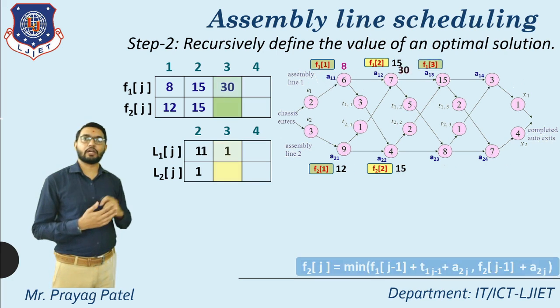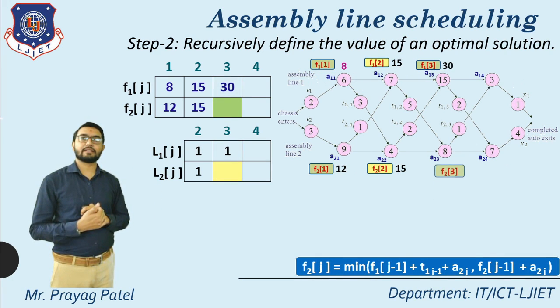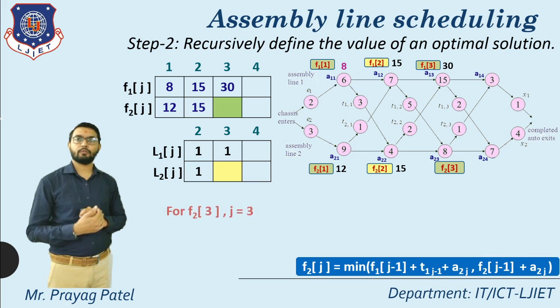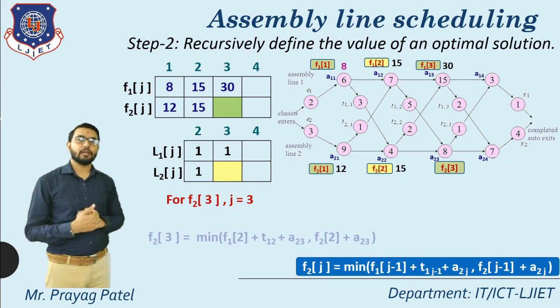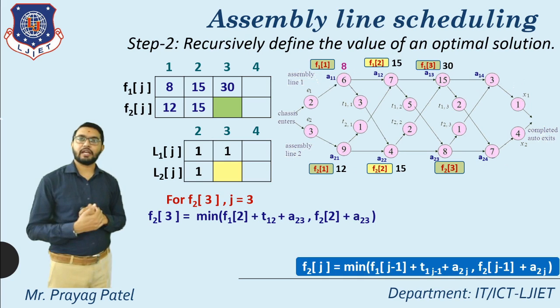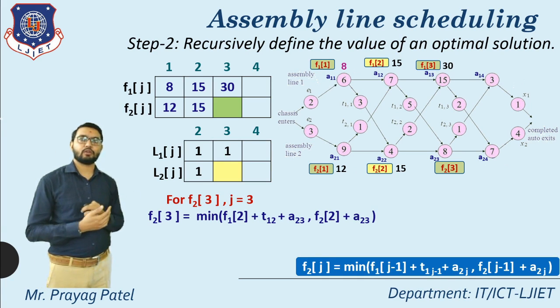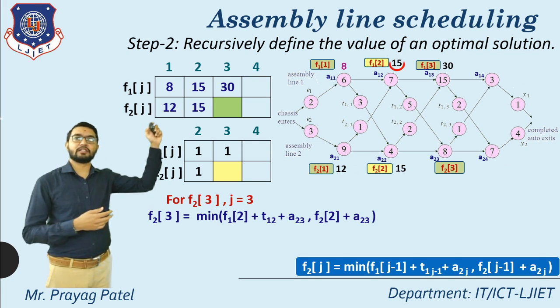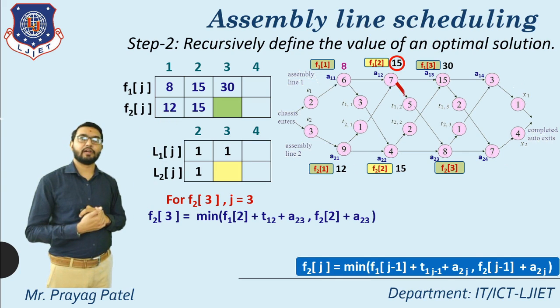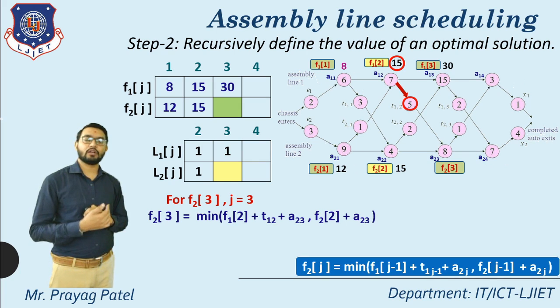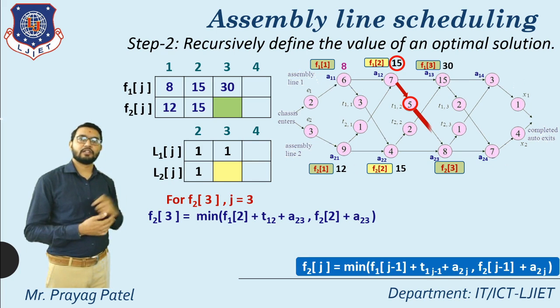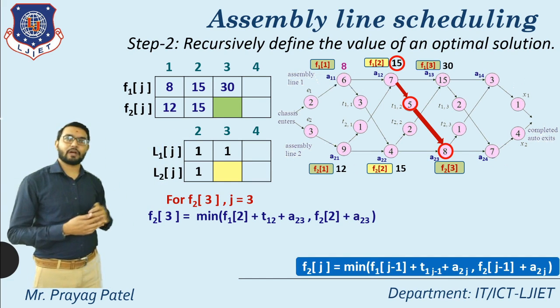Now consider the next location, F23, with j equal to 3. So consider the formula: F23 equals the minimum of F12 plus T12 plus A23, and the second part is F22 plus A23. Here consider this path from the figure. The first value is 15, then the path from 7 to 5 with value 5, then this path with value 8. That is the first part, from line 1.